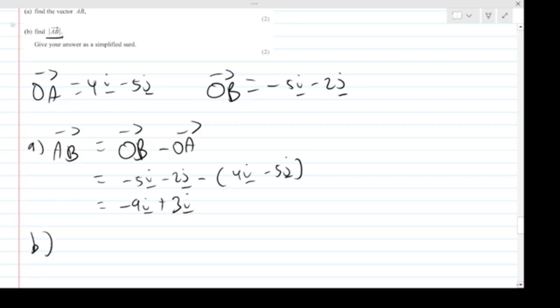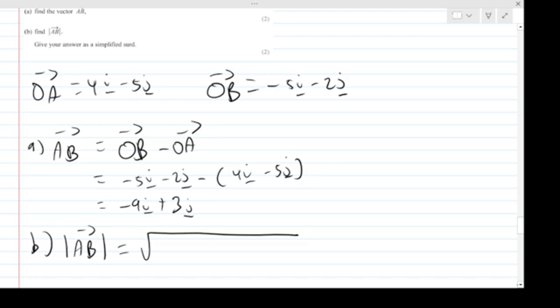Then it says find the magnitude, or the length, of AB. Now we've found the vector AB, we can find the length of it in the same way that we looked at last time. That's going to be the square root of the i and the j parts squared.